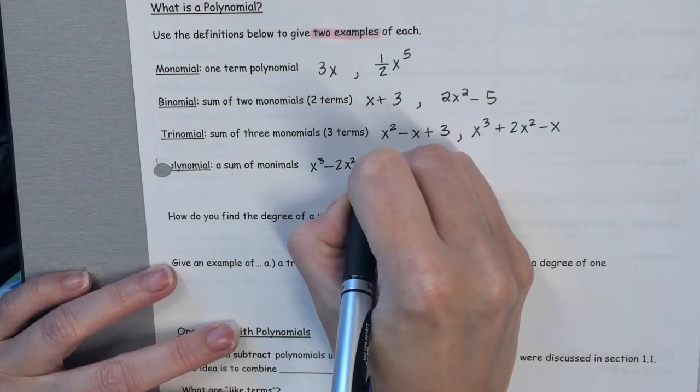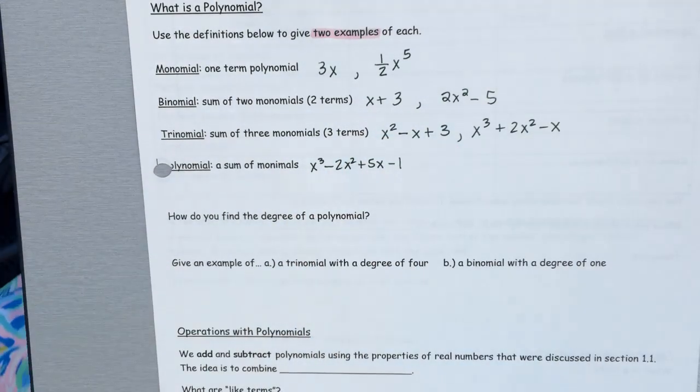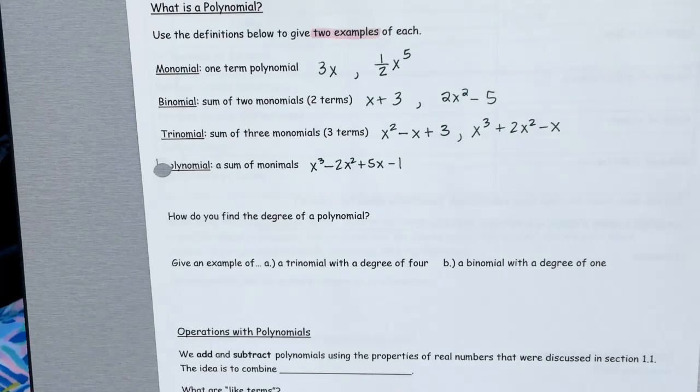So here's an example of a cubic polynomial with 4 terms. Okay, and any polynomial can have any number of terms. So monomials are polynomials, binomials are, trinomials are, and then we just say a polynomial with however many terms.